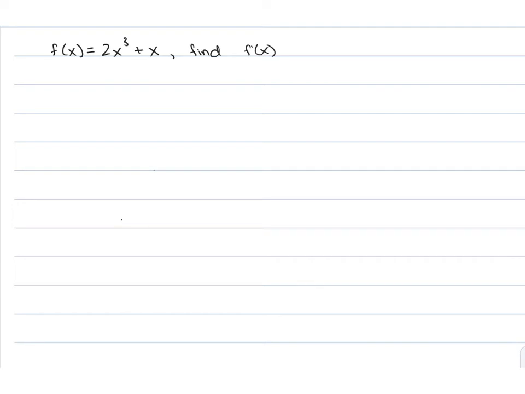I need to do the limit as h goes to 0, f of x plus h minus f of x all over h. So for f of x plus h, if I do it on the side, I know f of x is the original equation. So I know that f of x plus h is what I get when I plug x plus h in for x.